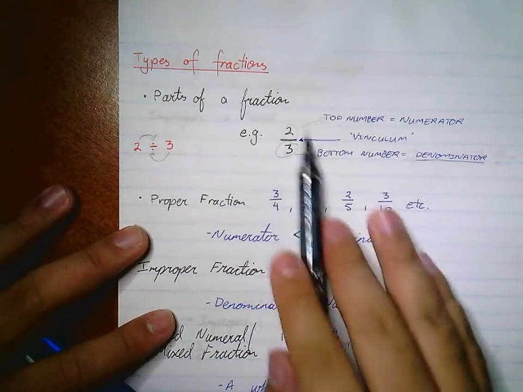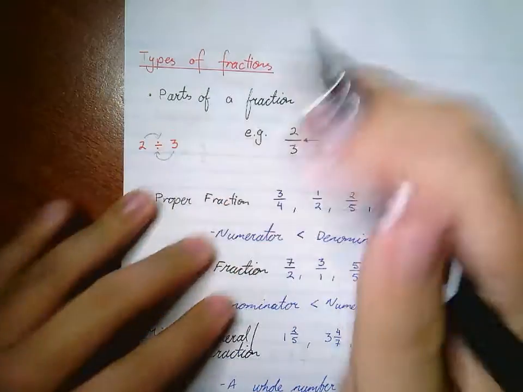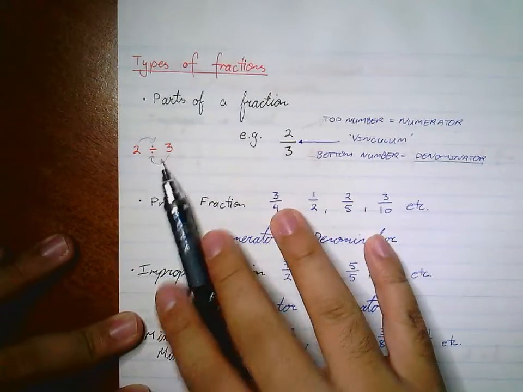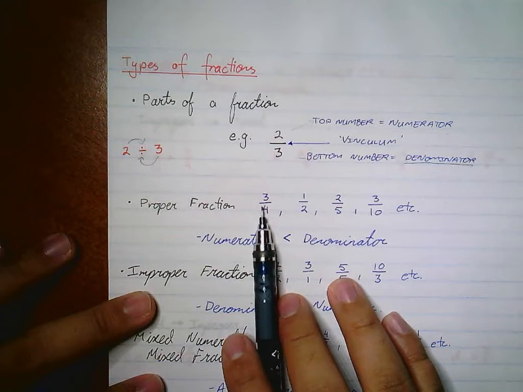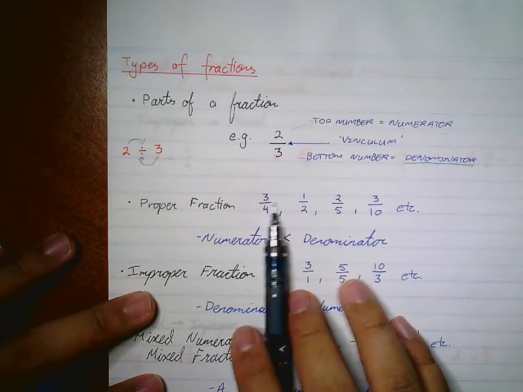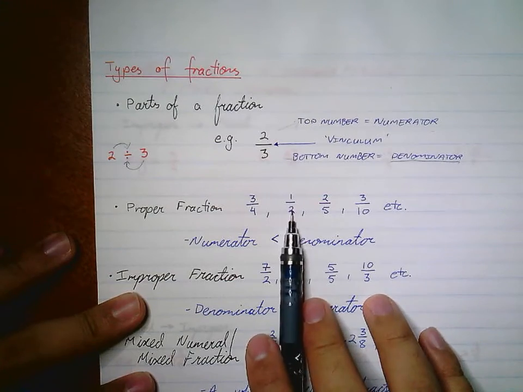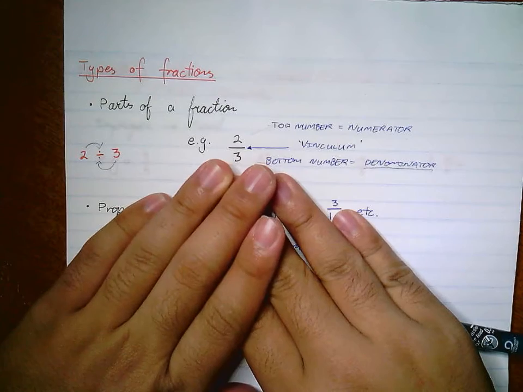So any fraction actually means some kind of division. So just really quickly before I go on, 3 over 4 is 3 divided by 4. 1 over 2 is 1 divided by 2, and so on. But that's the main parts of a fraction.